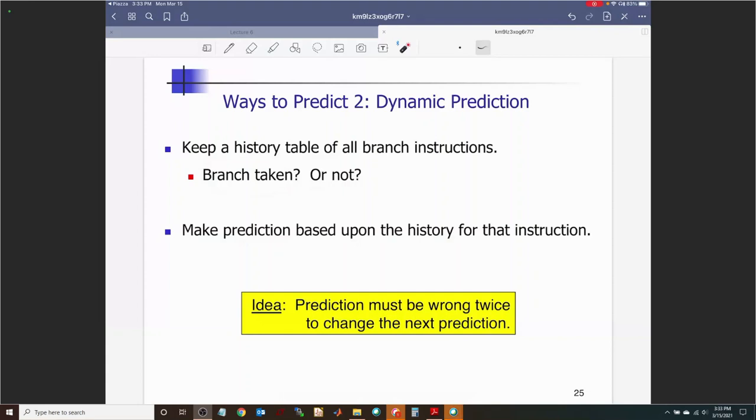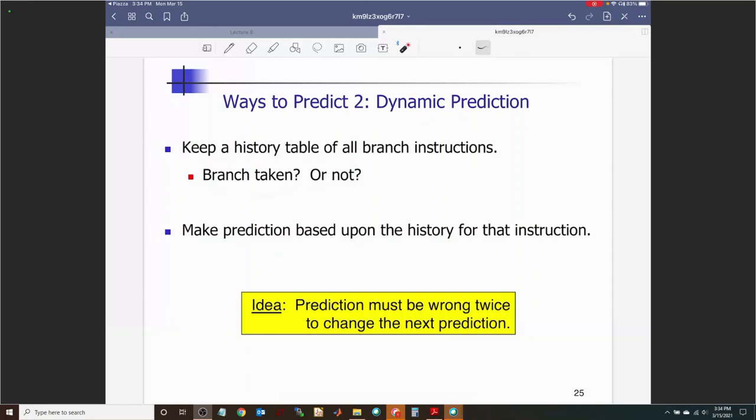It would be ideal to change something if it breaks twice as opposed to just one wrong prediction, right? So if 99% of the time you are taking the branches and just once you got a branch not taken, then it is not sensible to change your whole process because of that one incorrect event, right?